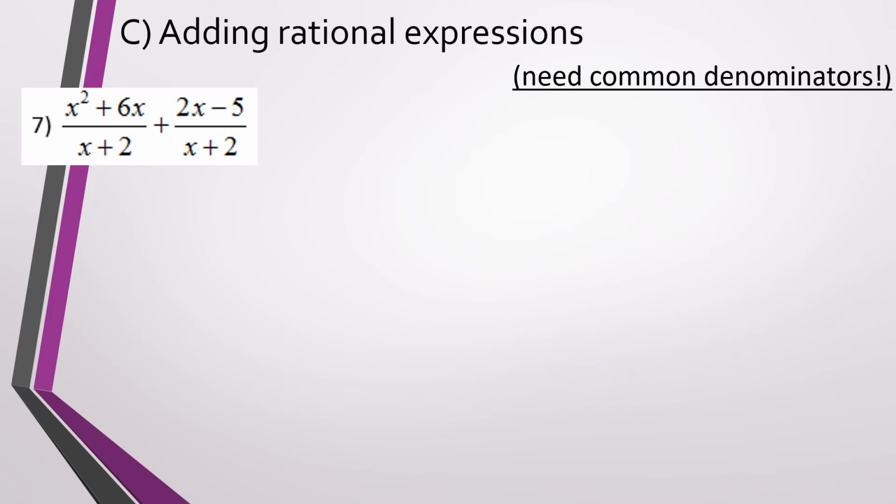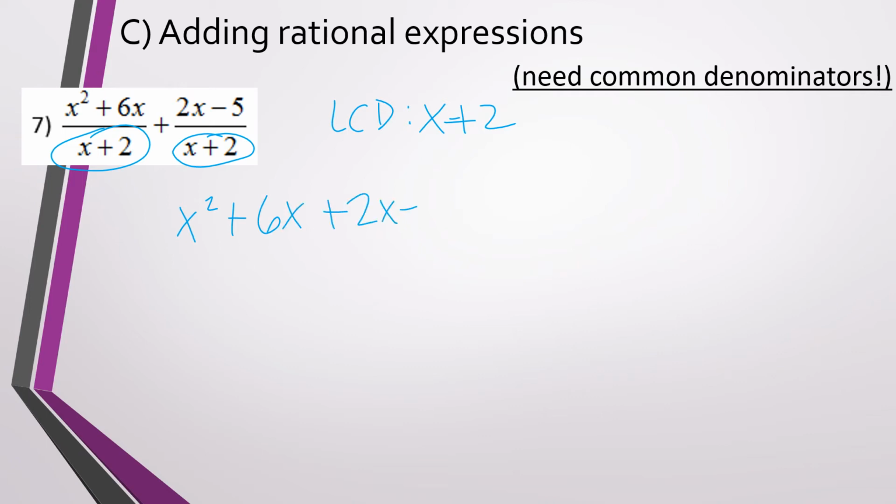So for adding and subtracting, you're always going to need common denominators. Right now, these two have the same denominator, so my LCD is just going to be x plus 2. The good news is I don't have to do anything extra here. Both of these already have the common denominator, so I can just go ahead and make this one big fraction. x squared plus 6x plus 2x minus 5 over x plus 2.